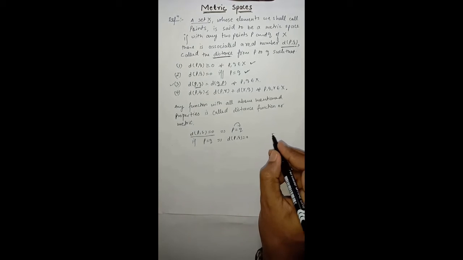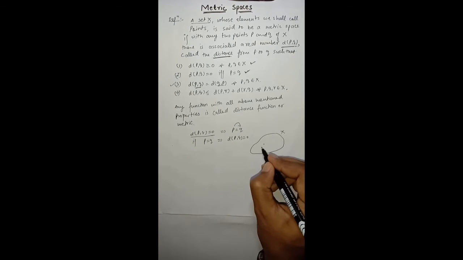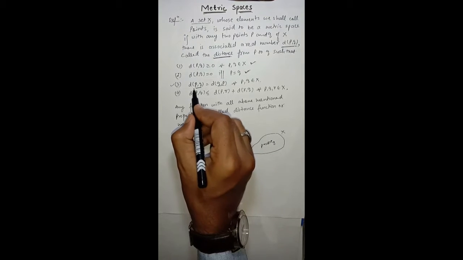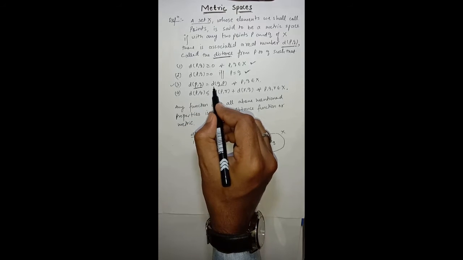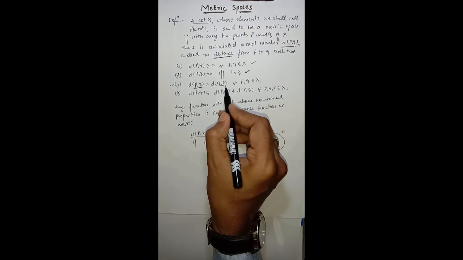Suppose in a space X we have any 2 points P and Q. If we measure the distance from P to Q or Q to P, the distance remains the same. So that is why the distance between P and Q is equal to the distance between Q and P. This property is known as the symmetric property.